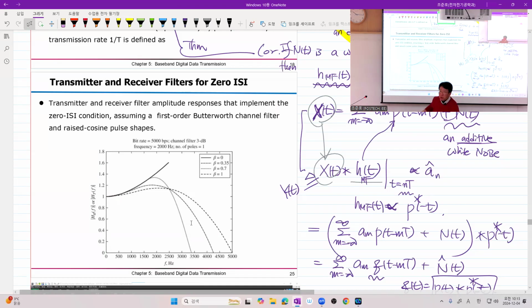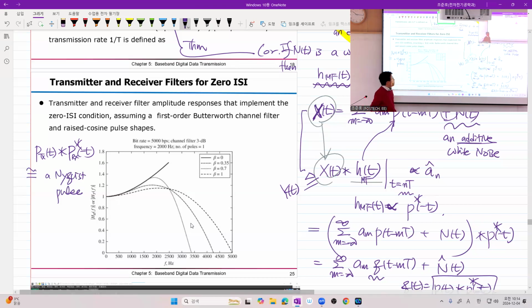And sometimes we don't use matched filters for the transmit filter and receive filter. However, the combination of transmit filter and receive filter may be a Nyquist pulse. So do you see the difference?